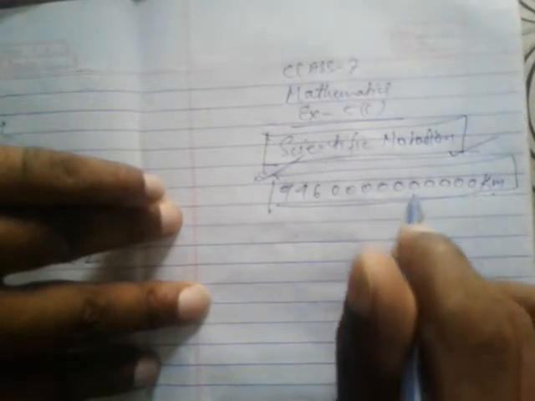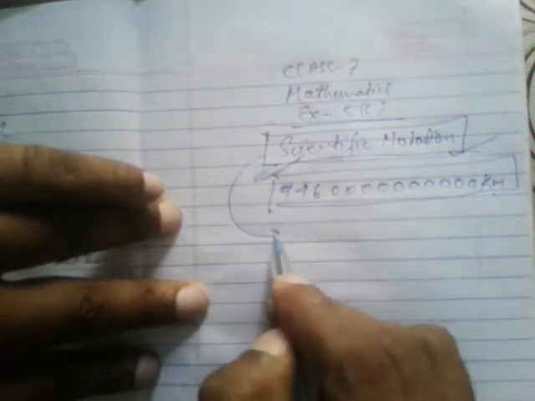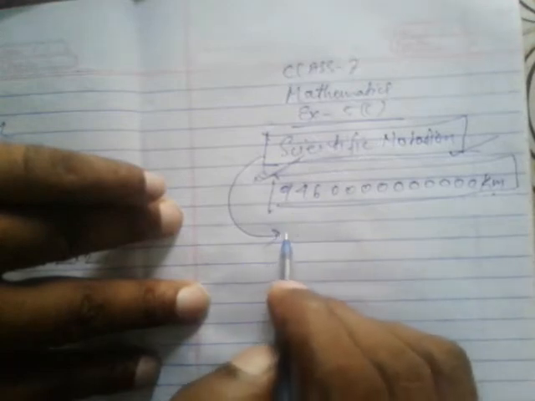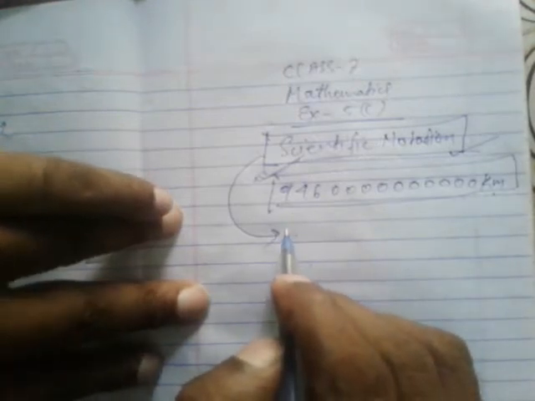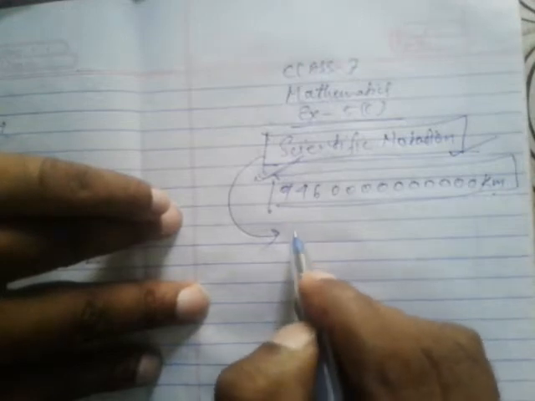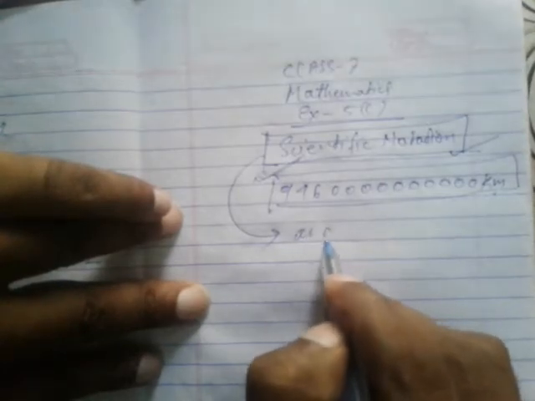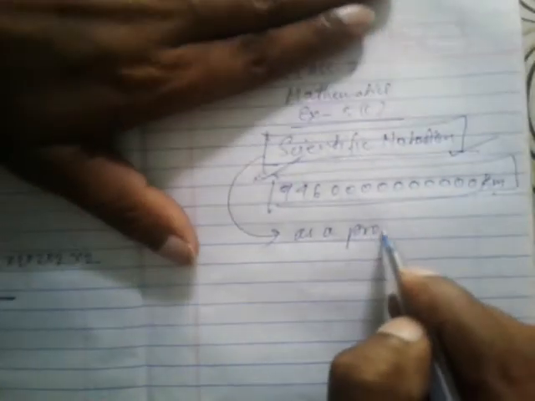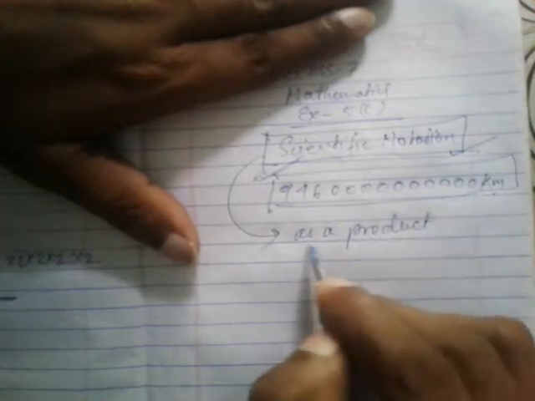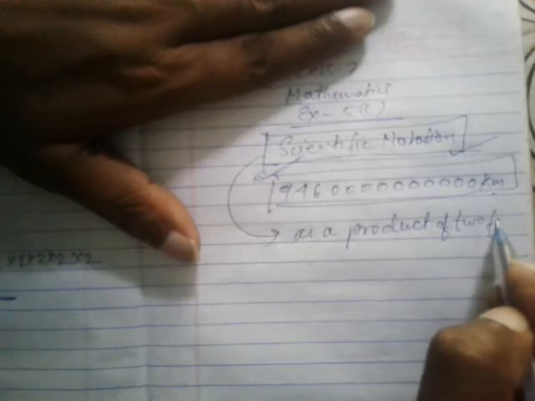So how can we represent a large number in scientific notation? First of all, we have to learn that in scientific notation a number is written as a product of two factors.